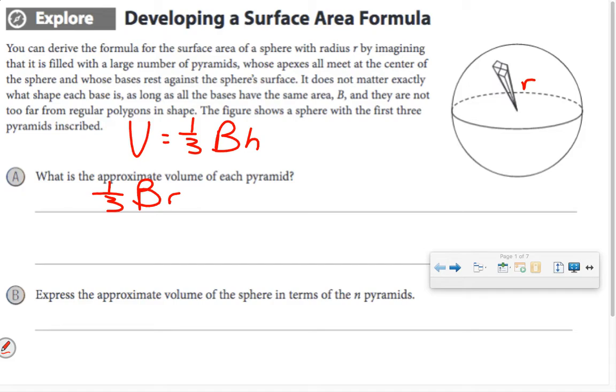And express the approximate volume of the sphere in terms of n pyramids. So the volume of the sphere would be 1/3 B times r times that number of pyramids. Let's call it n.